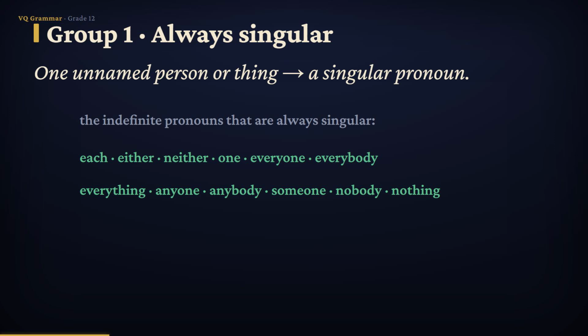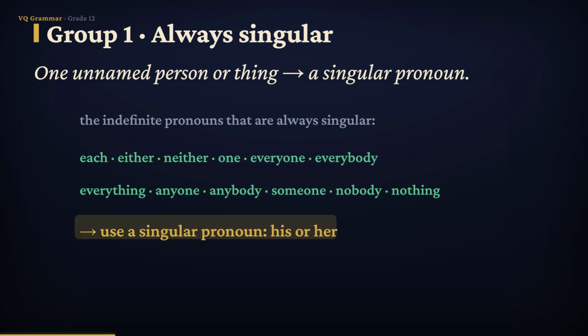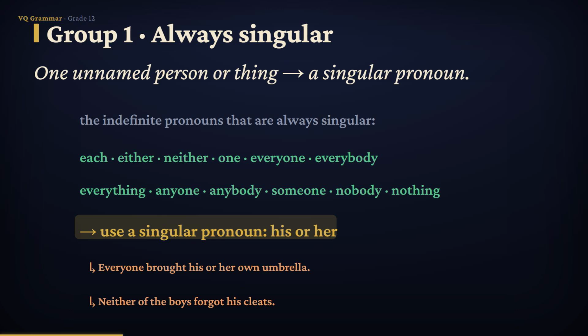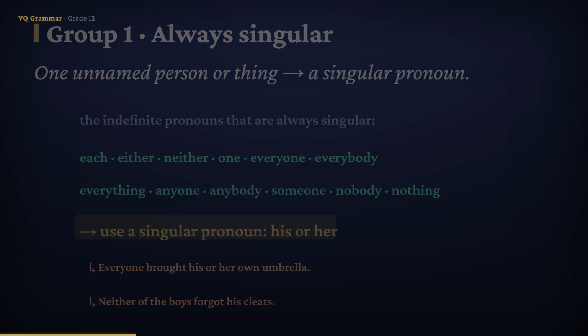Every one of those names a single unnamed person or thing. So when it's the antecedent, the pronoun that points back to it must be singular. Everyone brought his or her own umbrella. Neither of the boys forgot his cleats. Notice we reach for his or her, or a single his, or a single her, a singular pronoun, because everyone and neither are singular, no matter how large the crowd feels.